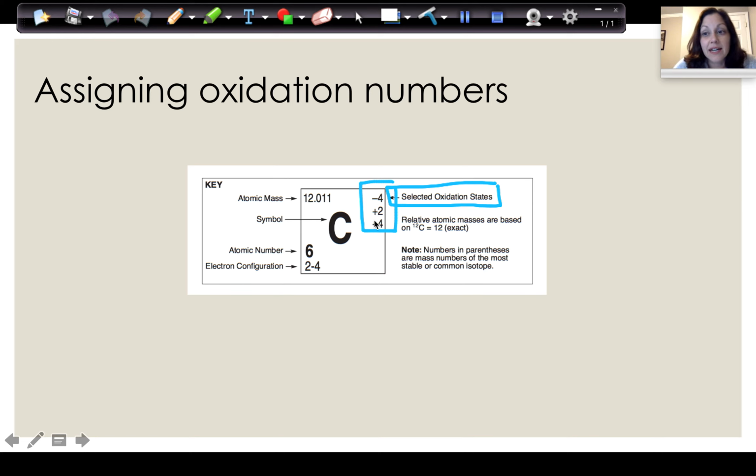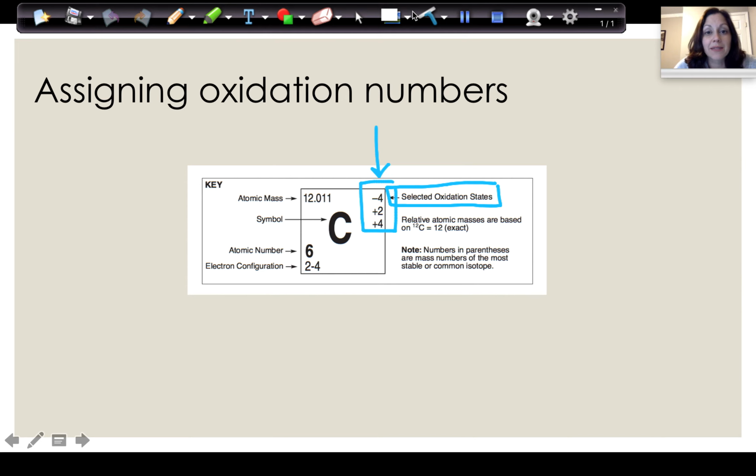These selected oxidation states are not necessarily an exhaustive list. There may be other possible oxidation numbers that are not listed here, but the very first thing we want to look at is this section for each element, because it will at least give us a guide of what the possibilities are for the different elements we're talking about.